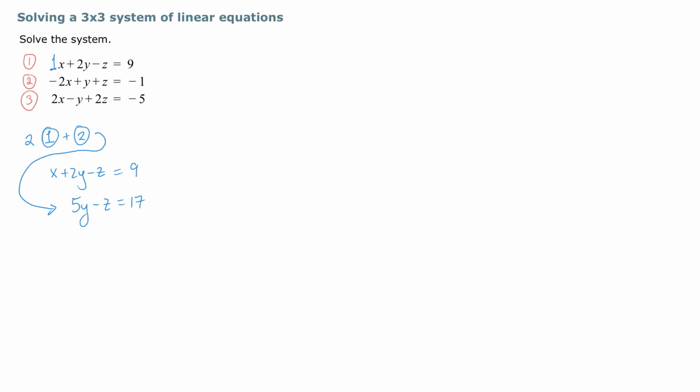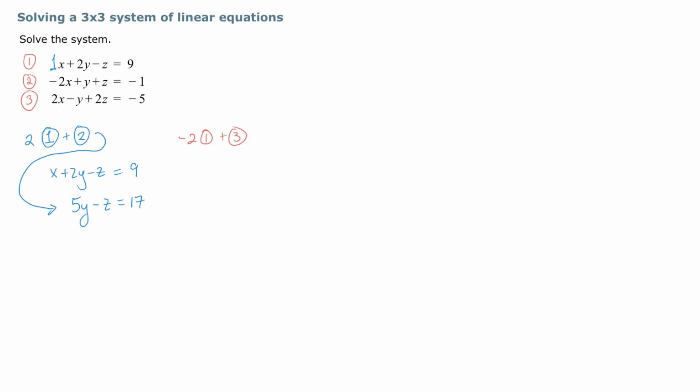I'm also going to do something like this. I'm going to take negative 2 times equation 1 and then add it to 3. So I'm going to change equation 3 as well. And equation 3 is going to look something like this now. Negative 2 times equation 1, we got rid of the x.